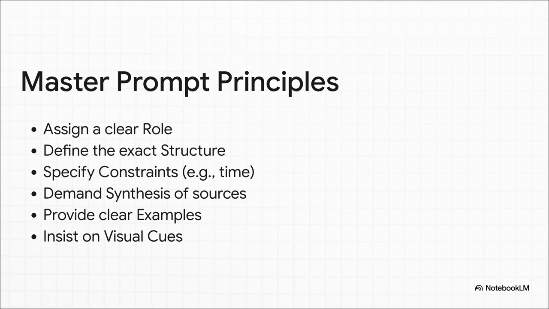Second, define the exact structure you want back. Third, give it constraints, like time or length. Fourth, and this is a big one, demand that it synthesizes information from different sources. Fifth, give it clear examples of the style you're after. And finally, insist on those visual cues. Following these principles is what turns a vague wish into a powerful, precise command.